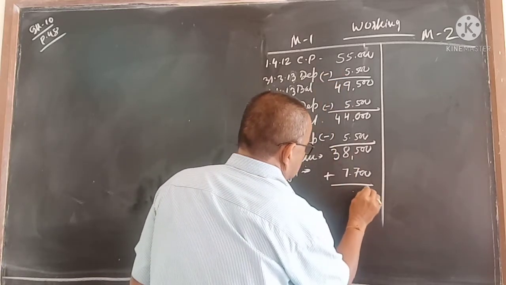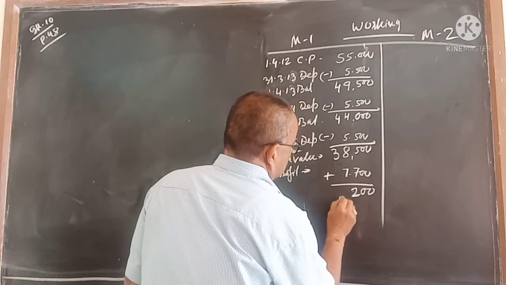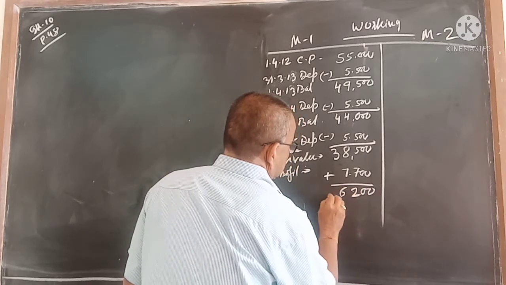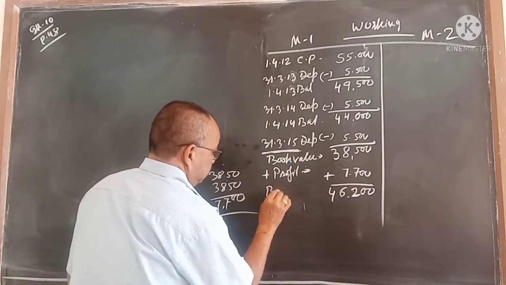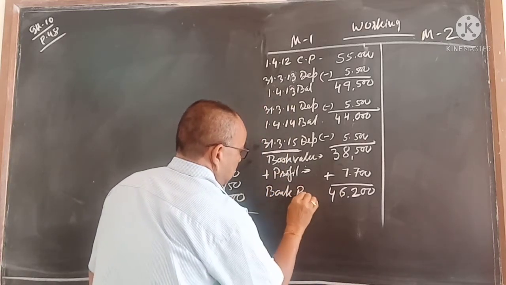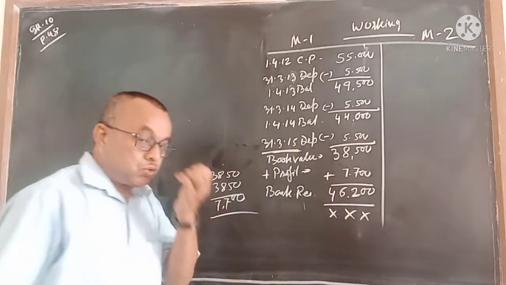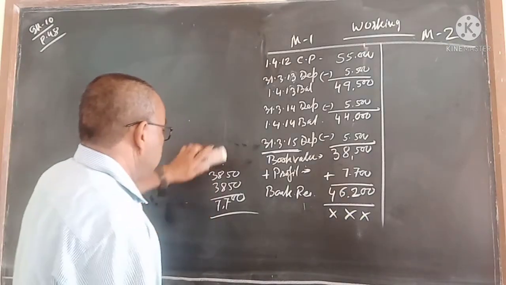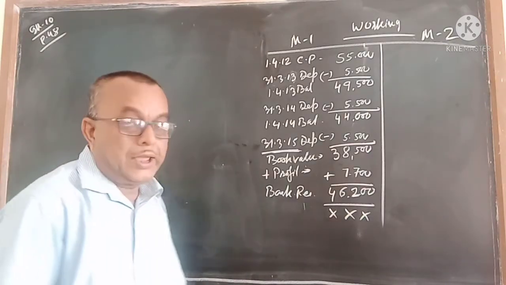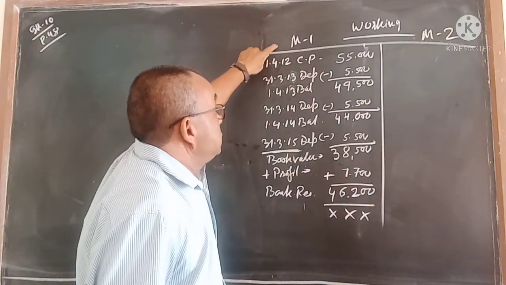And if you add, how much you will get? 46,200. This is bank. And here you close the list. After that, there is no balance you will have in the machinery account. Once again you follow. I have done the calculations only for the first machine, which is machine 1.